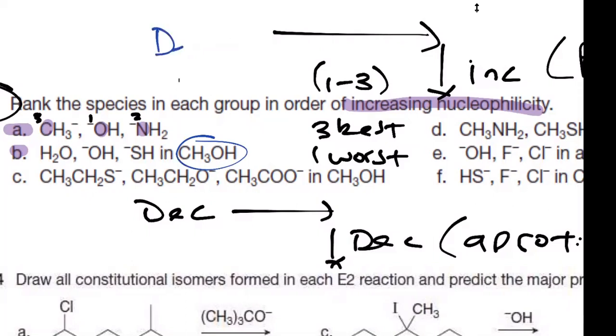Somebody just said something about electronegativity, and that's kind of in line with it. The more electronegative the atom is, the less nucleophilic it is. That's a rough way to classify it. But in a protic solvent, as you go from top to bottom, what changes? Not necessarily the electronegativity, but something else changes.